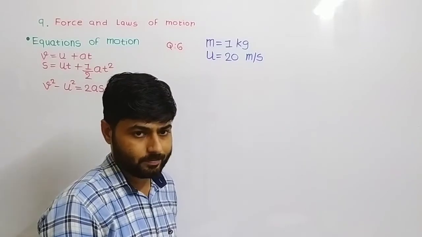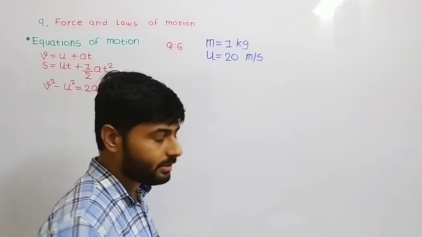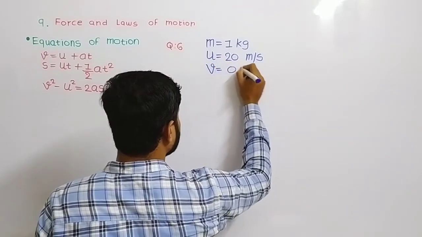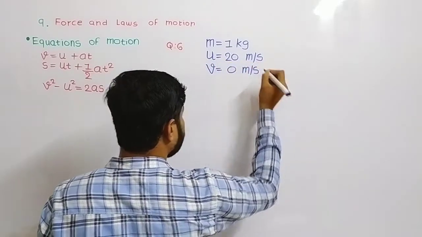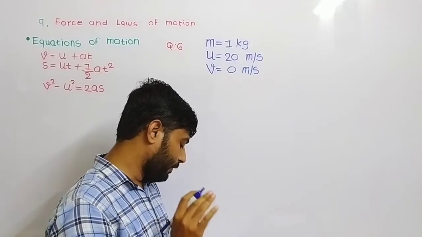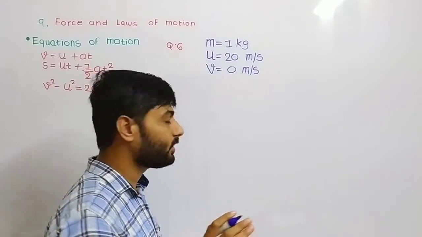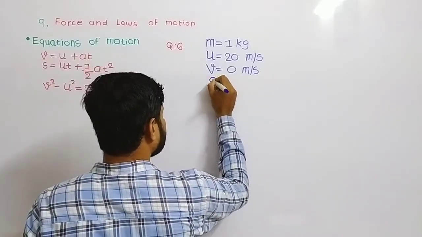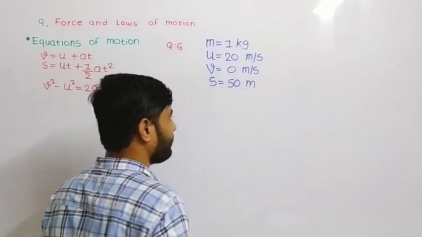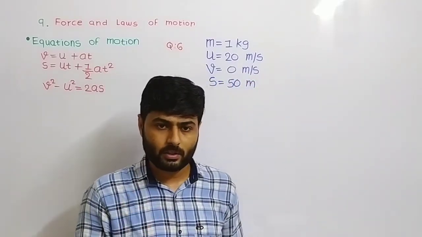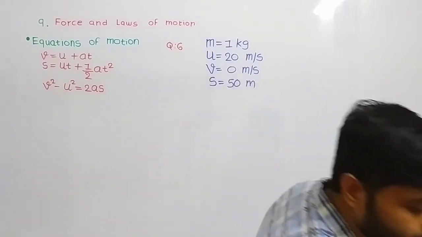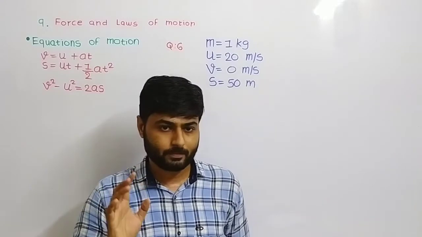Come to rest. What is meant by come to rest? It means final velocity is 0 meter per second. We have to find the frictional force after covering a distance of 50 meter. When this stone came to rest, the distance covered by the stone is 50 meter.